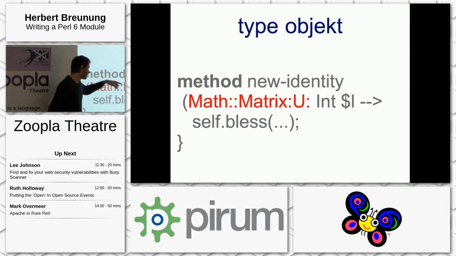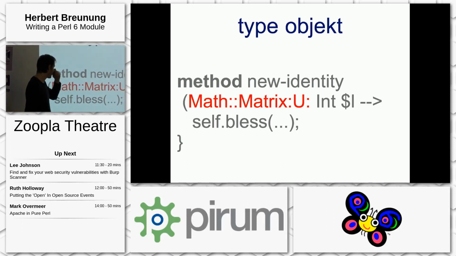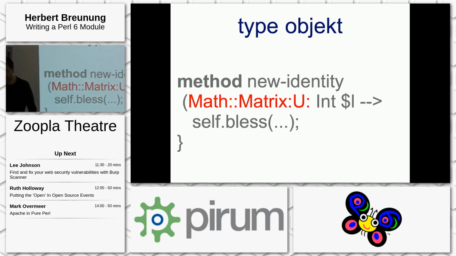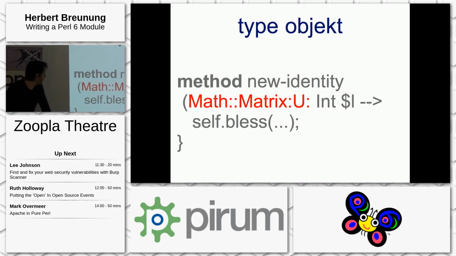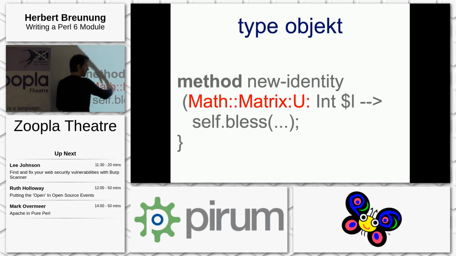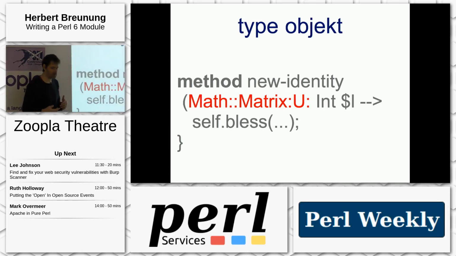Maybe you ask what is funny. Of course, this is a type math matrix. Nothing to worry about. In case you wonder about the U, this means undefined. This means new identity you can only call in the form of math matrix new identity. You can't call it on the object, because if you call it on the object, you know from Perl 5, the first parameter is always the class itself.